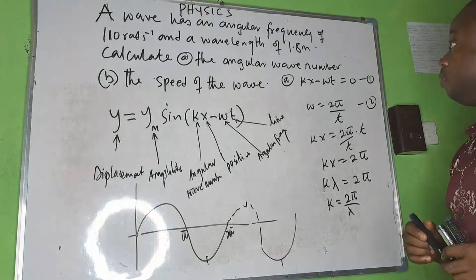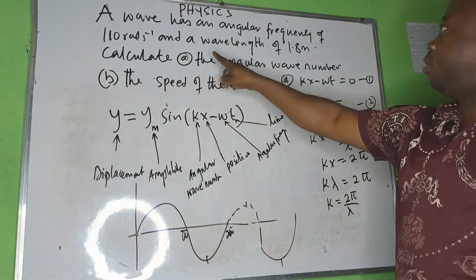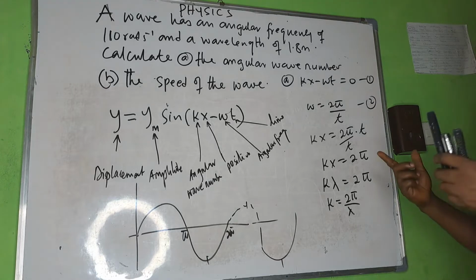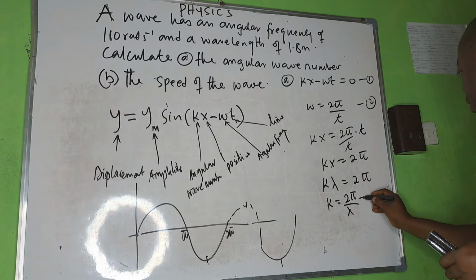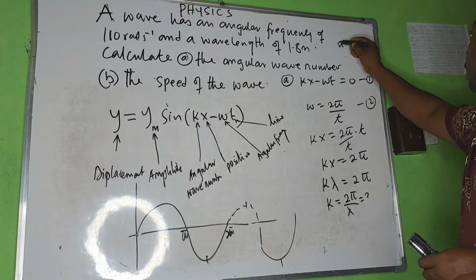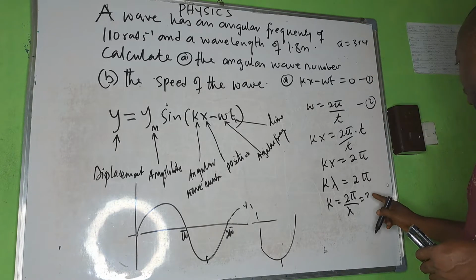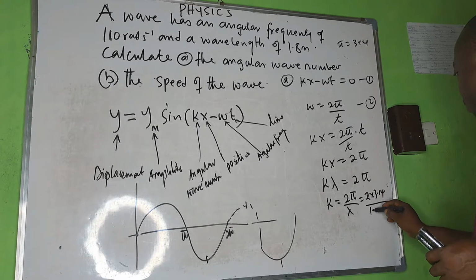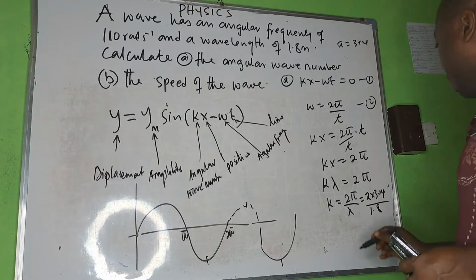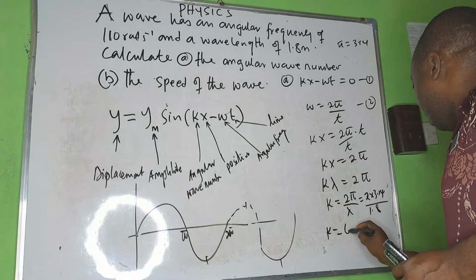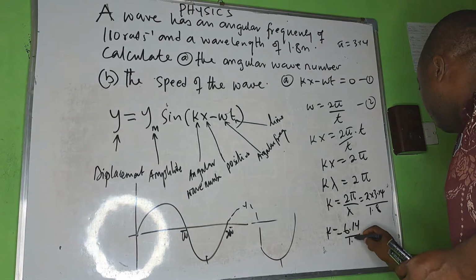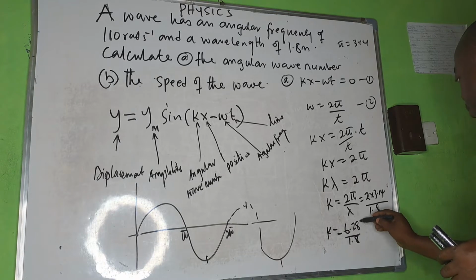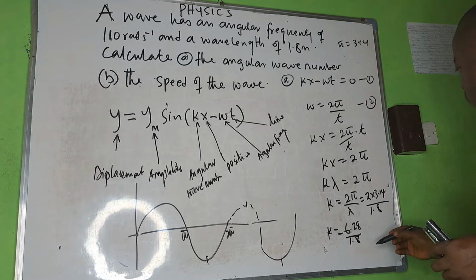over lambda. Now from the question, lambda is 1.8. Of course, we know what pi is: 22 over 7, or 3.14. So we have 2 times 3.14 all over 1.8. That gives us k equals 6.28 all over 1.8.